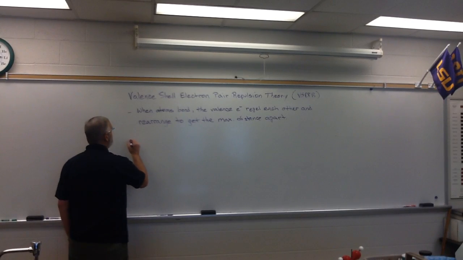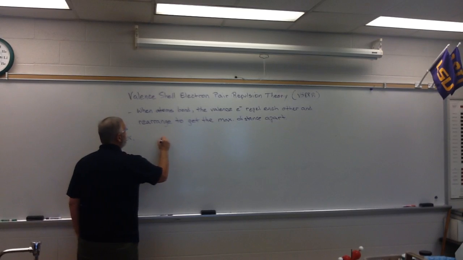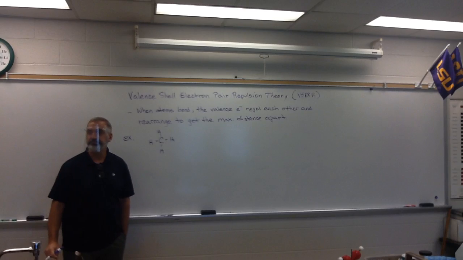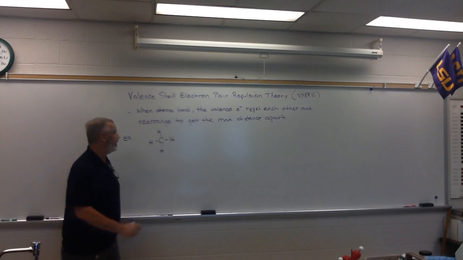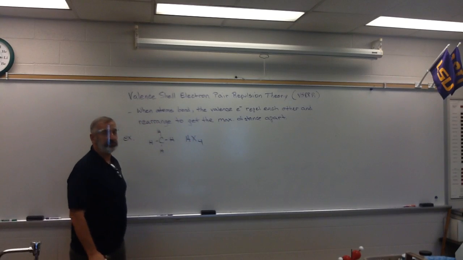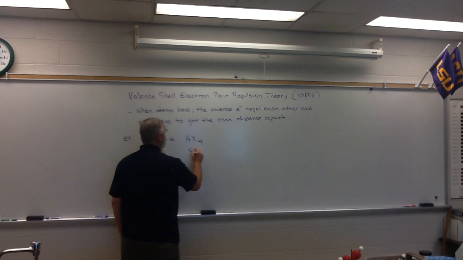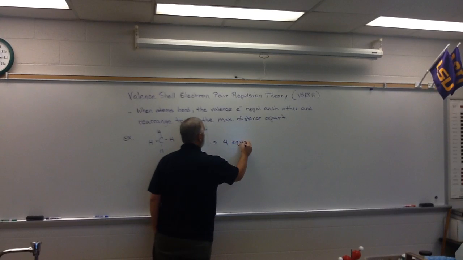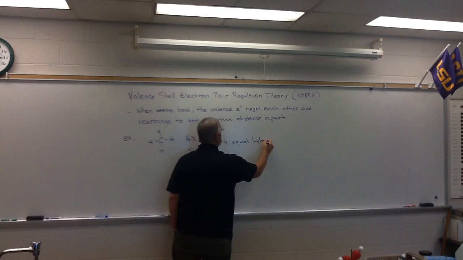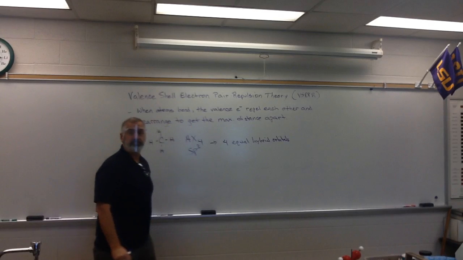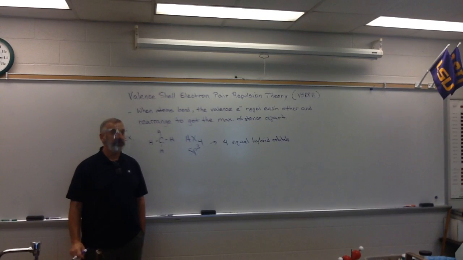If we have CH4, what would we say our AX formula is on that? AX4, right? And what type of hybridization does that give me? SP3. That means that I have 4 equal hybrid orbitals.